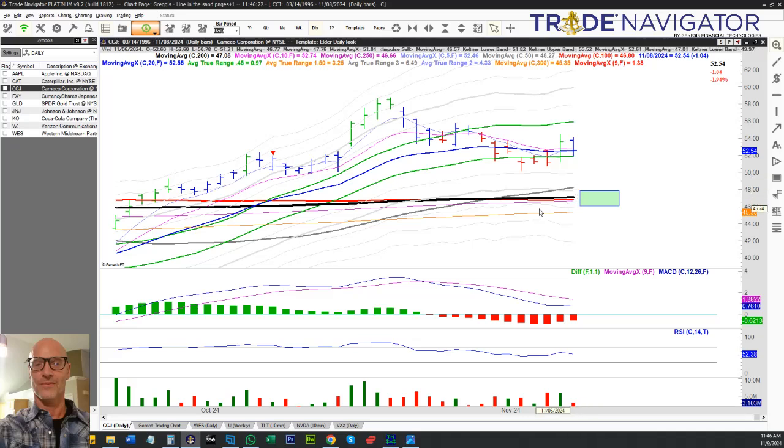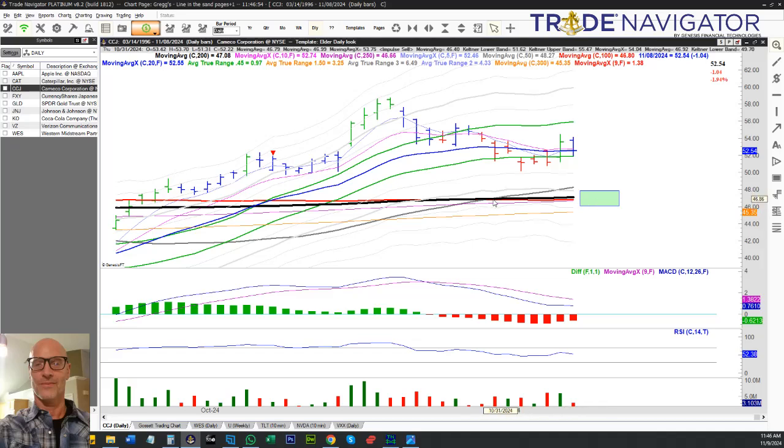And in addition to that, what drew my attention to this particular setup, see the gray line here? We have the gray line and the black line. When the gray line passes over the black line, that is what's called a golden cross. And what I've noticed in my 29 years of trading is that the first move back to the 200-day moving average after the golden cross is generally a very good time to buy something, and you generally get a pretty good bounce out of that.